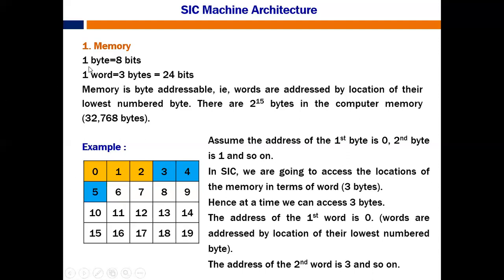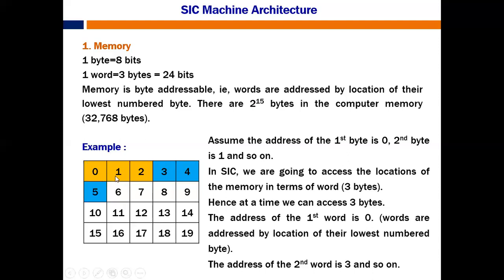So 1 byte is 8 bits, we know, and we should know what is this word here. Since memory is byte addressable, that means words are addressed by locations. One word is equal to 3 bytes, so the first 3 bytes are taken as one word.